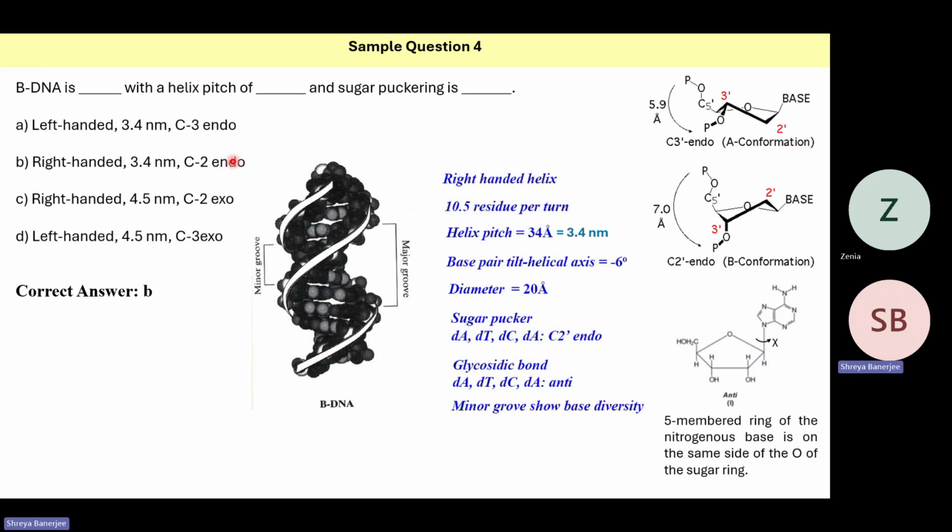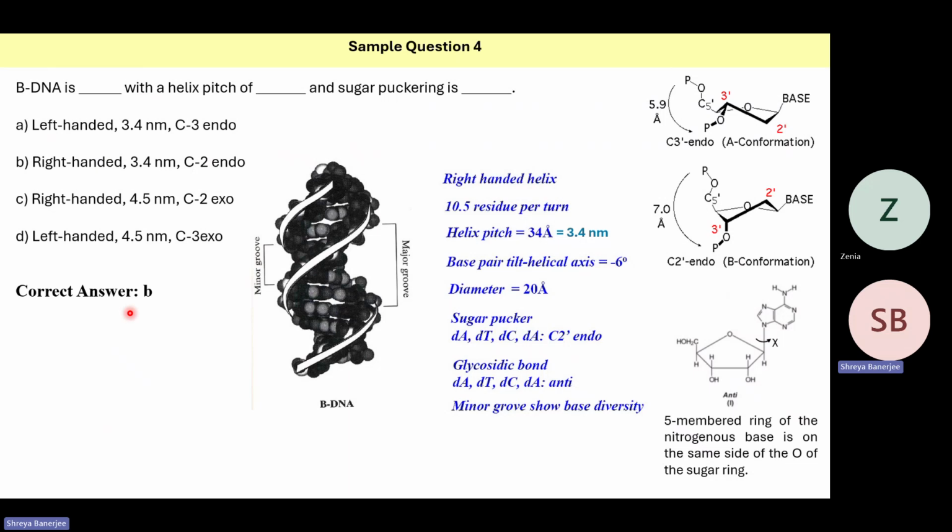So for the sugar ring, it is the C2 prime endo, that is 2 prime is above the plane, 3 prime is below the plane. You can also remember the other properties for the glycosidic bond, that is this chi torsion. It is anti, that is the 5-membered ring faces towards the oxygen, and the diameter is around 20 angstrom, and the base pair tilt with respect to the axis is only around 6 degrees, because in B DNA the base pairs are mostly not tilted, they are perpendicular to the axis.